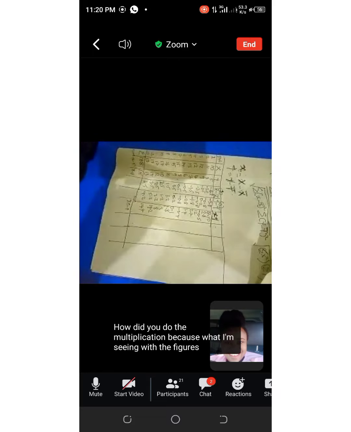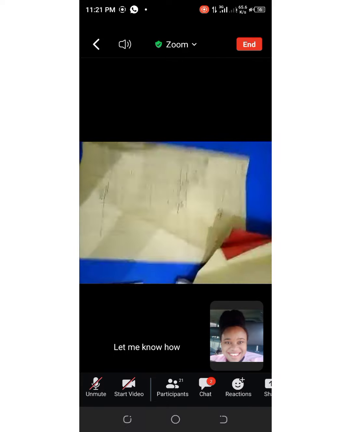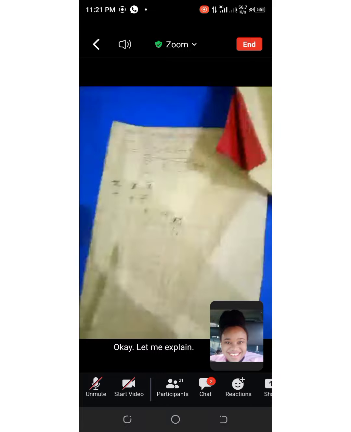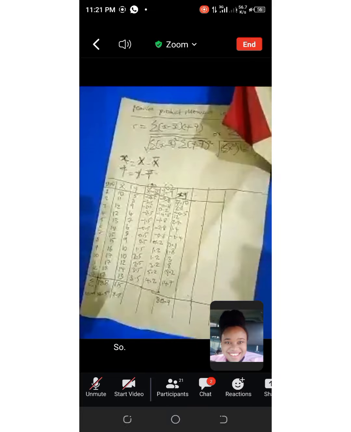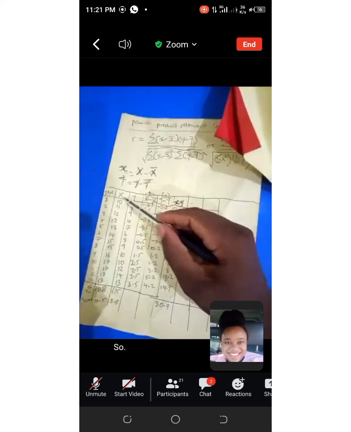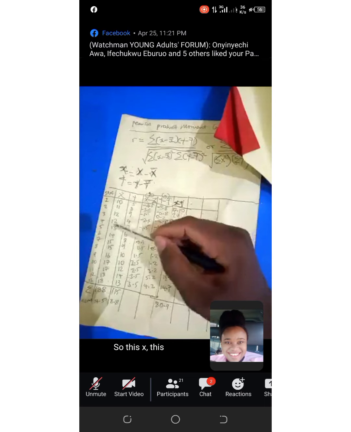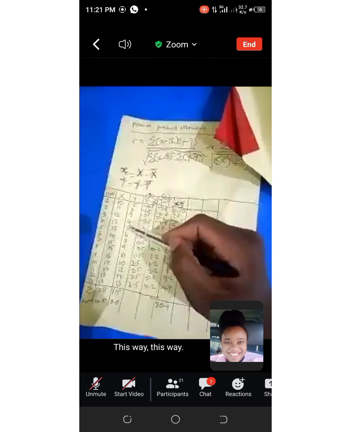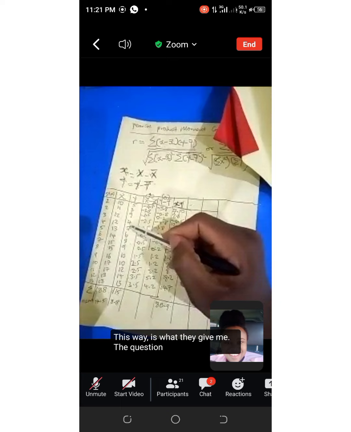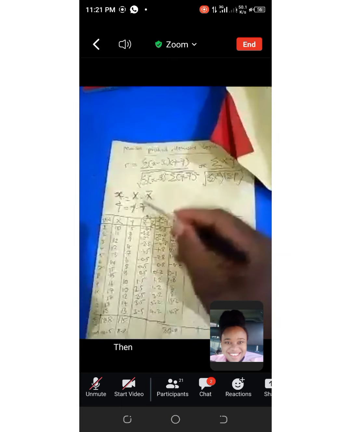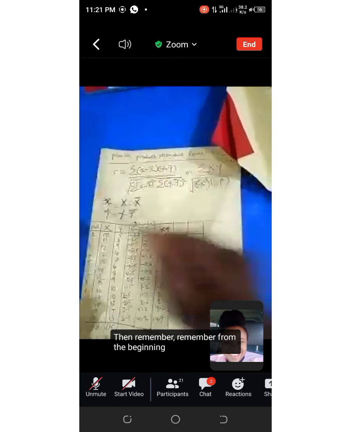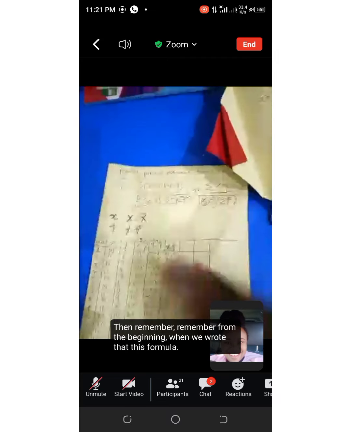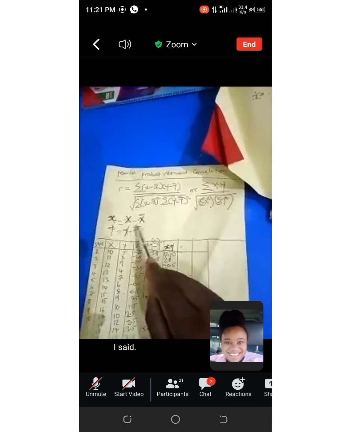Okay, let me explain. This x is the variable they gave in the question. This y is what they gave in the question. Remember from the beginning when we wrote out this formula, I said small x is equal to X minus X bar, small y is equal to Y minus Y bar.